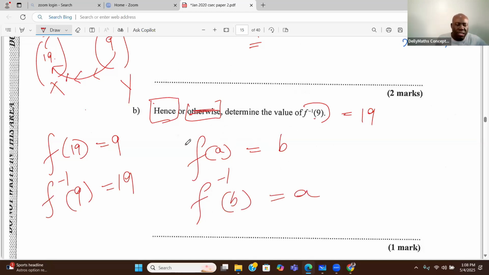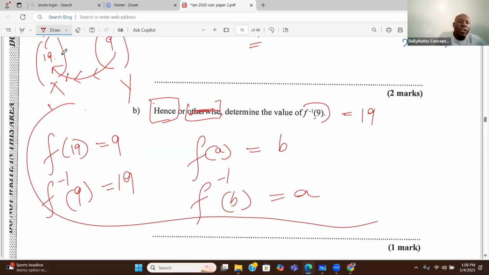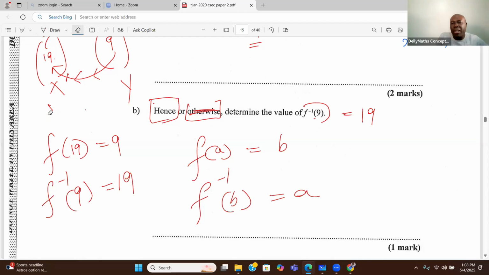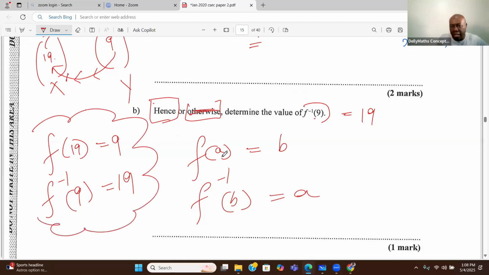If you work this out, it will take longer than the whole paper for 1 mark, because you would have to work out the inverse of the function and then put 9 in there to solve and get back 19. So I'm just telling you something your teacher is supposed to tell you. Just understand that. Make a note of that, and we're gone.